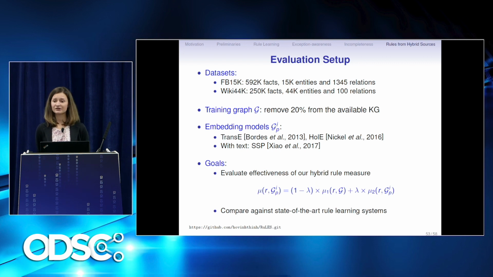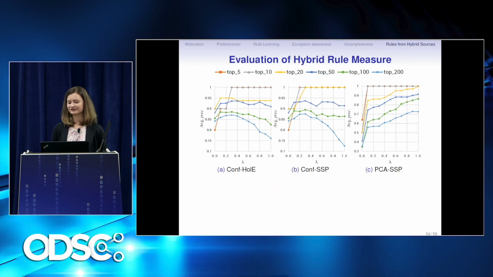In this work, we used the TransE embedding, the classical, standard one, also HolE, and the text-enhanced one, the SSP model. And our goal was to evaluate how well our hybrid measure that exploits this probabilistic representation of missing facts actually helps us to get better rules. And we have got very interesting results.